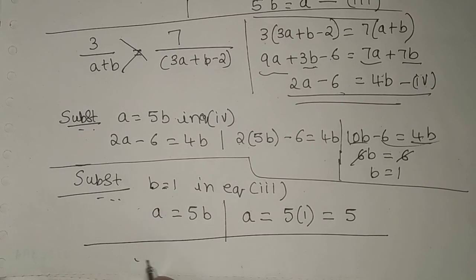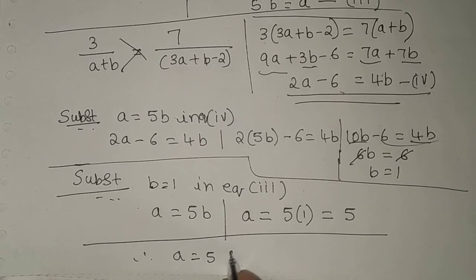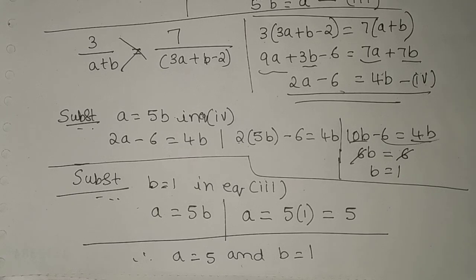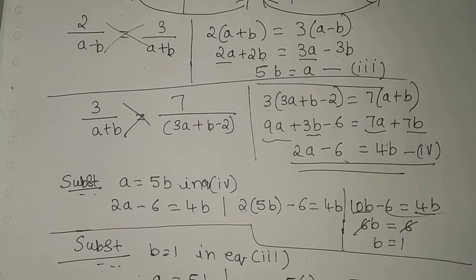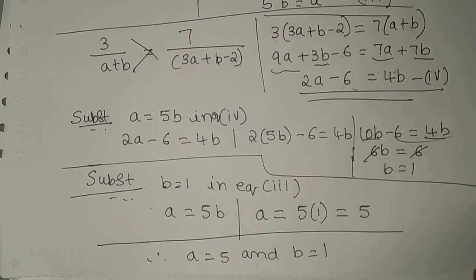Finally, we get a is equal to 5 and b is equal to 1 as the solution. So these are the values we get for a and b.